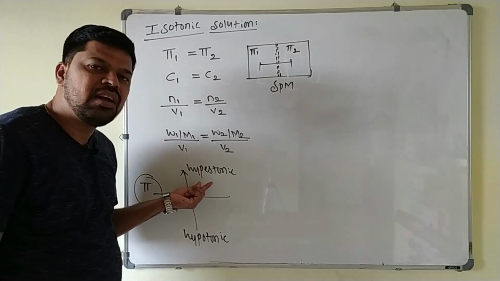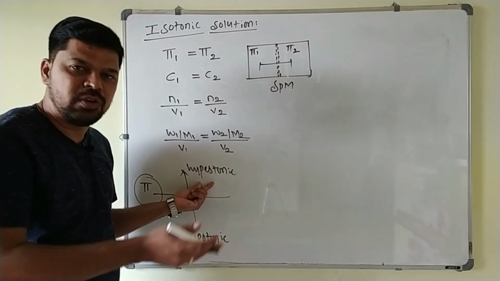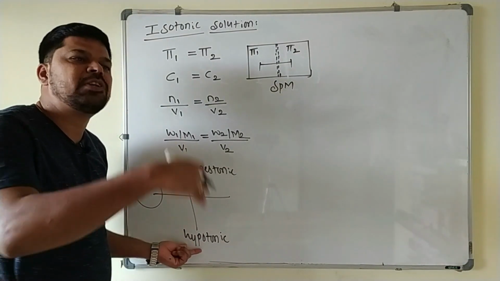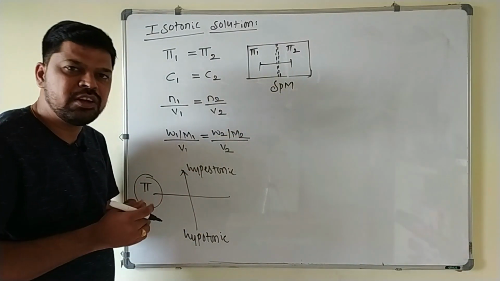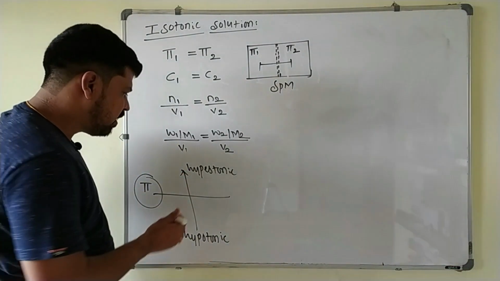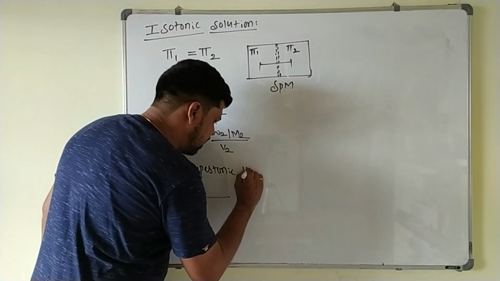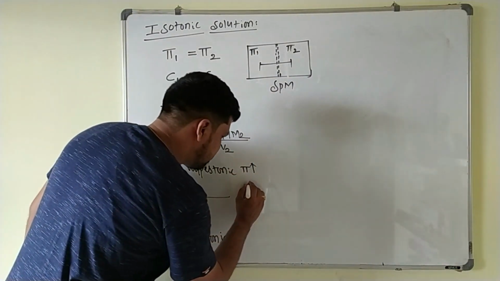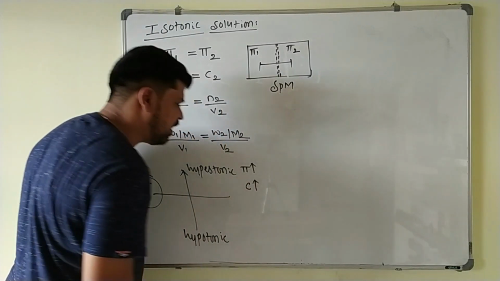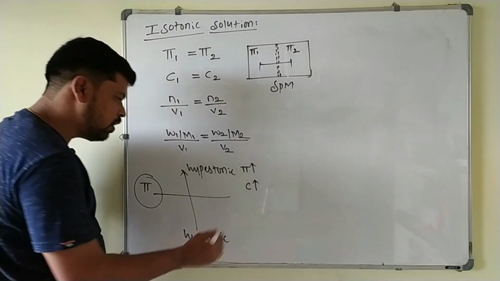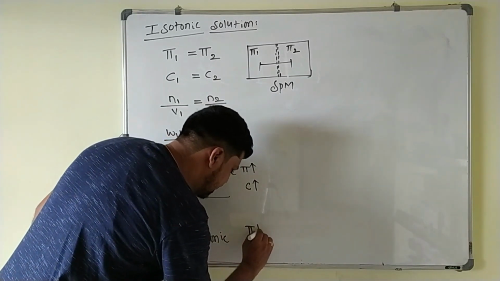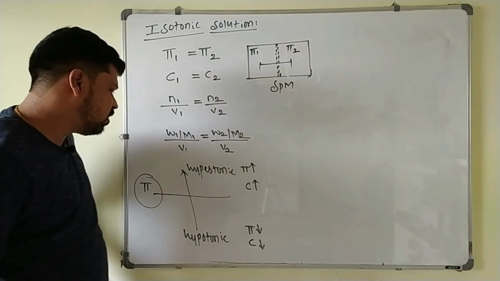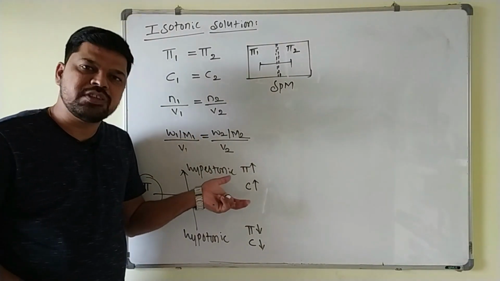The solution having higher osmotic pressure with respect to the other solution is called the hypertonic solution, and the solution having lower osmotic pressure with respect to the other is called the hypotonic solution. A hypertonic solution has higher osmotic pressure, so it must have higher concentration and higher molarity. A hypotonic solution has lower osmotic pressure, so its concentration must be low. So these two solutions have a difference in their concentration.